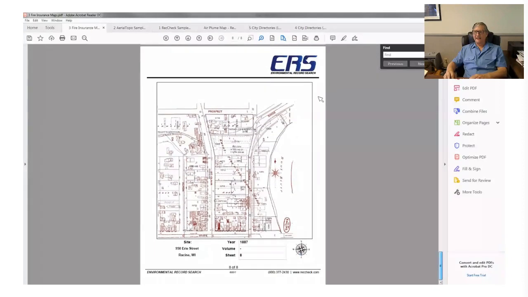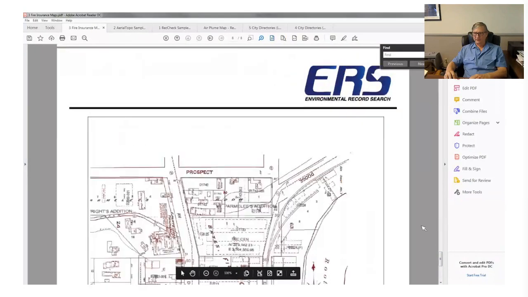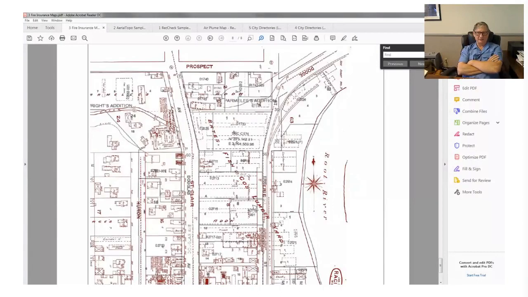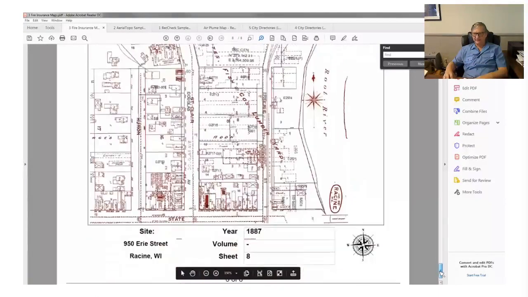Let's go to 1887. So we've really got a case for vapor intrusion. We've got Bates Fish and Company Lumber Yard. So our whole site is a lumber yard. This is 1887.